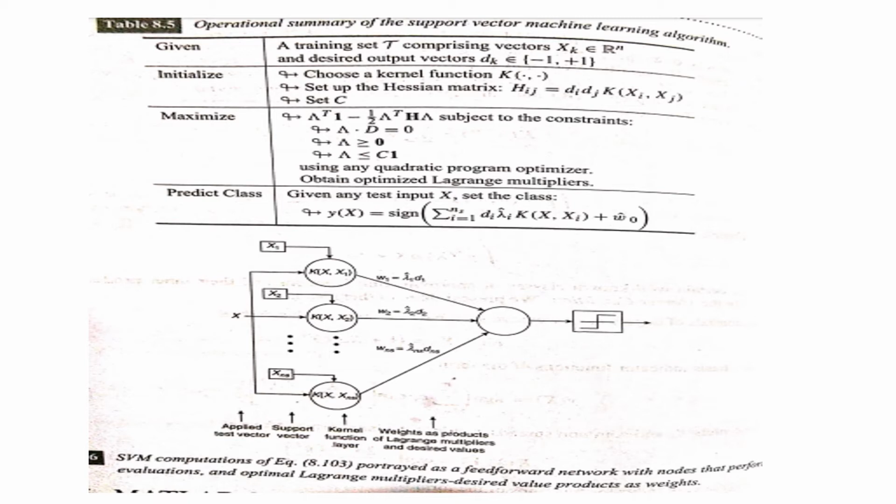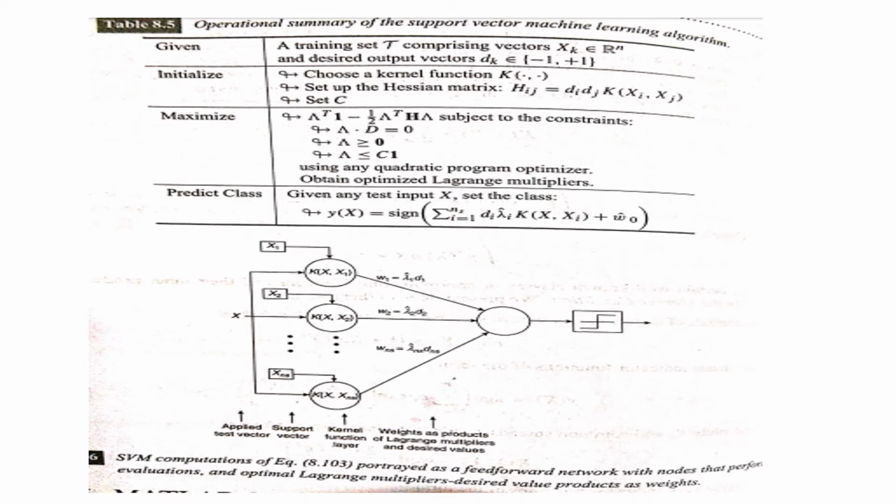So maximize gamma transpose into I minus half gamma transpose H gamma.